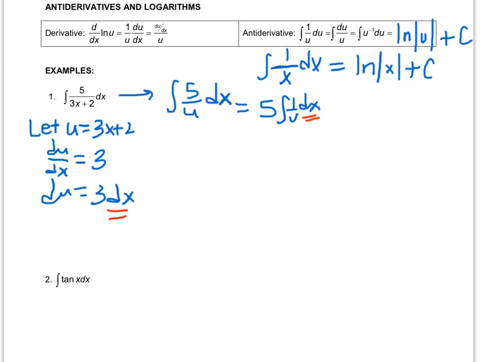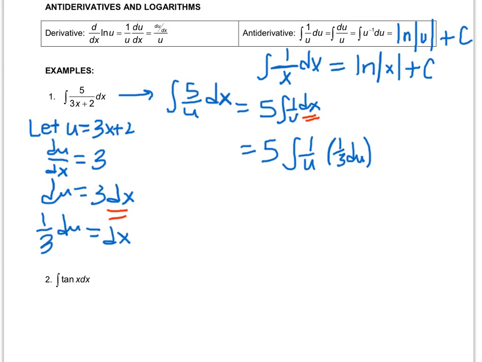So we're going to divide both sides by 3, so 1/3 du equals dx. That's a nice clean substitution. I've got the 5, 1 over u, and then I've got this 1/3 du. I can pull the 1/3 out, so this makes this a 5/3.